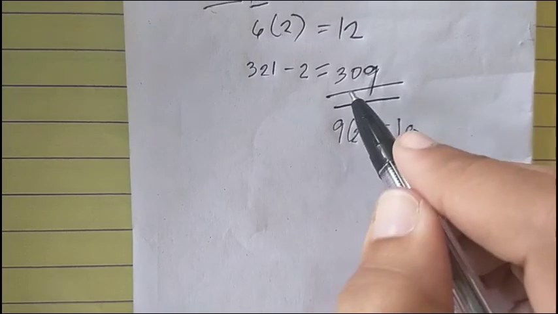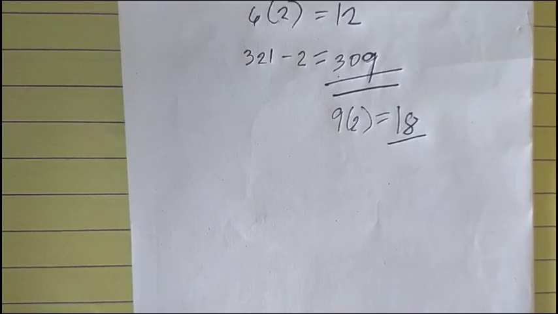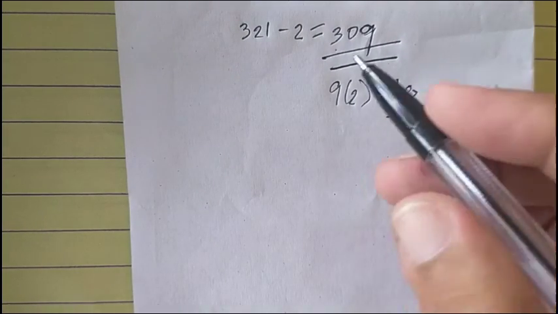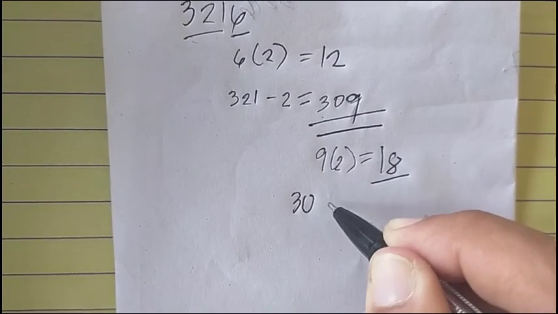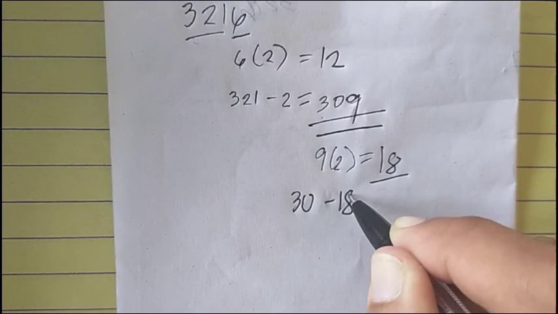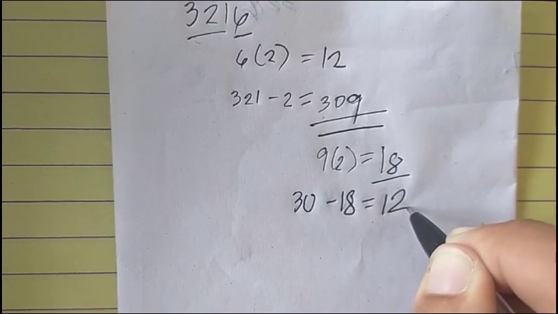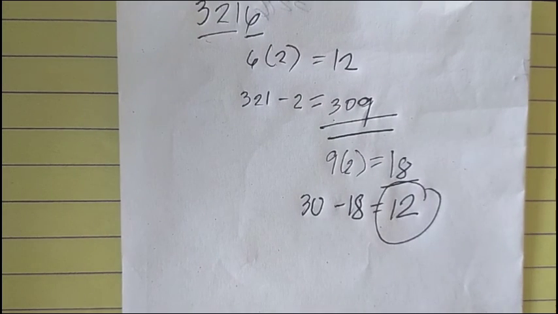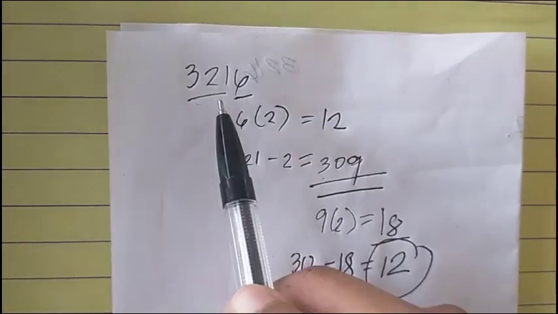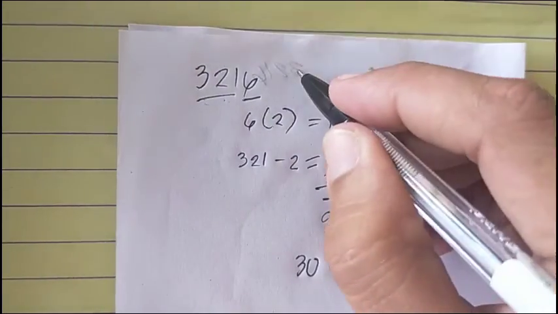Subtract it from the remaining number, which is 30. So 30 minus 18 is equal to 12. So 12 is not a multiple of 7. Therefore, the original number 3,216 is not divisible by 7.